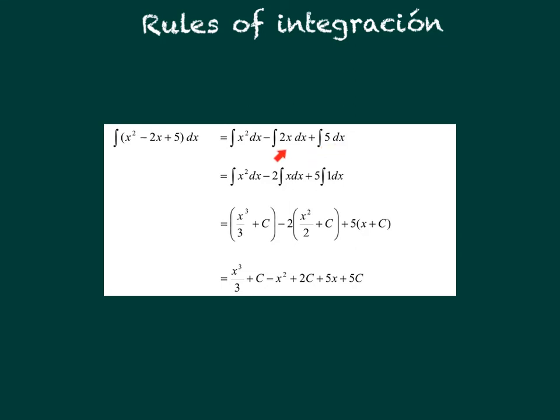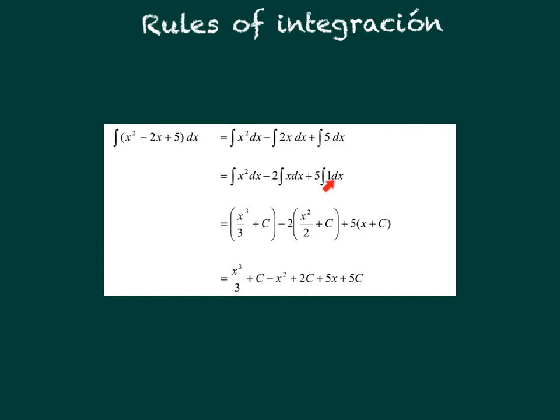Then for this term and this term, we have a constant. We have a constant here, 2, and we have a constant here, 5. So we're going to use the first rule that says that the integral of a constant times a function equals the constant times the integral of the function. Same thing here. Constant times the integral of the function.